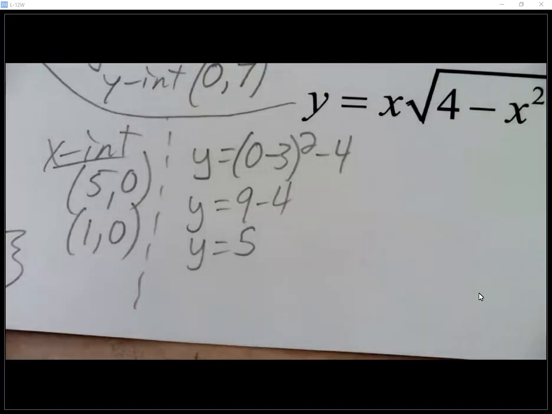We said that for x-intercepts, it could have 2, it could have 1, it could have none. Do y-intercepts work the same way? We're talking about a parabola. Is it possible that a parabola never crosses the y-axis? The answer is no. It will always cross.